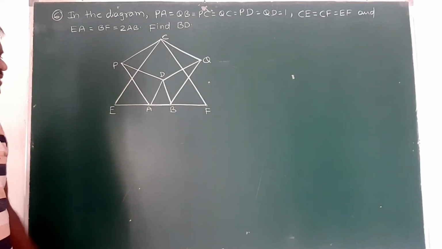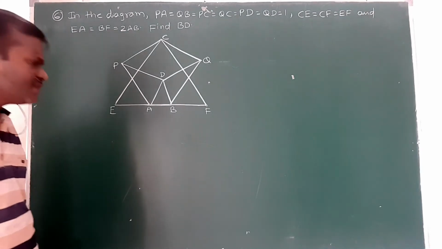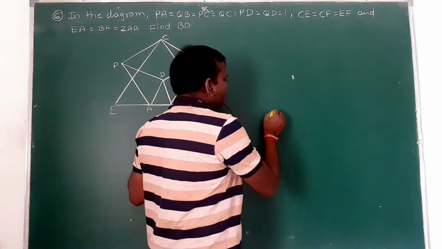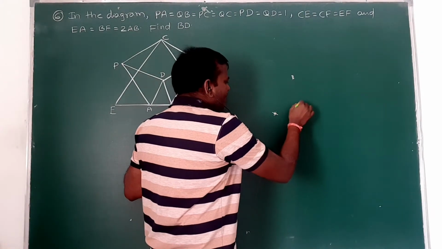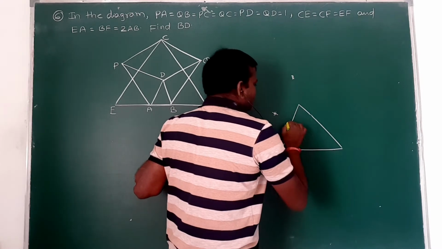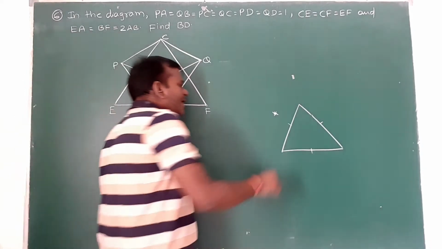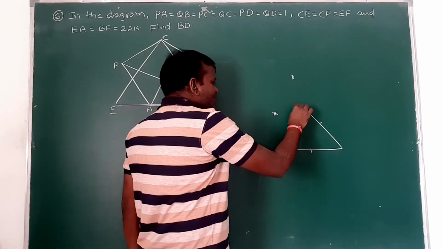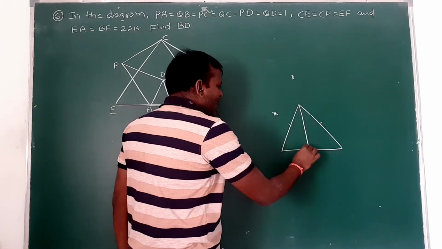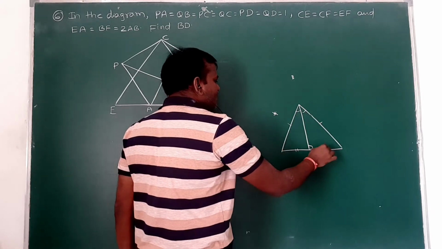So some concepts we have to discuss before going to answer this question. The first concept is in an equilateral triangle. Suppose these three side lengths are equal. From this vertex, if I draw an altitude or angle bisector or median, all these three will coincide.